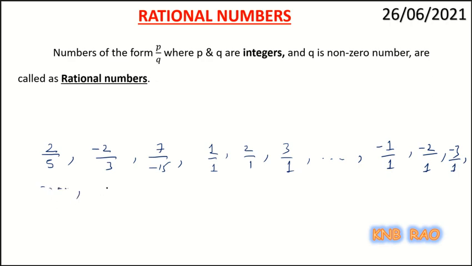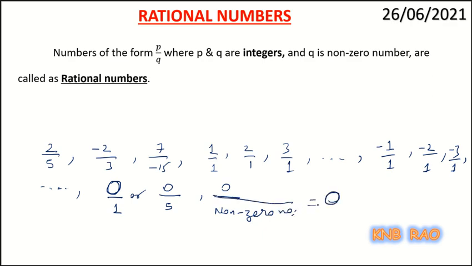And can it be 0? Is 0 a rational number? Yes, 0 is also a rational number, because I can write it as 0 by 1, or I can write 0 by, let us say 5, 0 by any non-zero number gives 0 only.